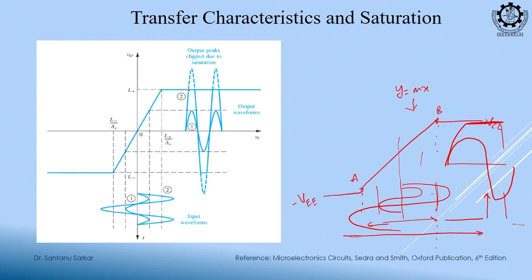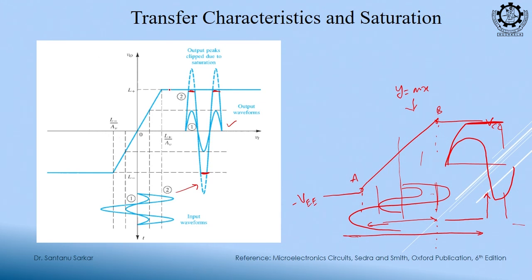So, it will also be flat like this, you see here this is flat. Why? Because corresponding to 1 it is okay, right. Why? Because 1 is within the linear range.